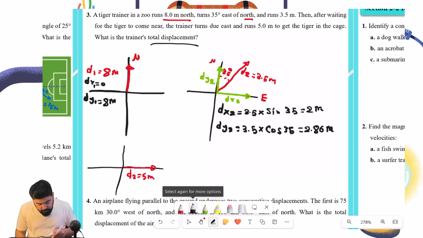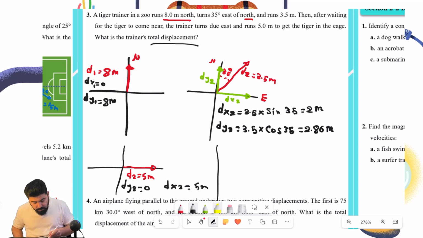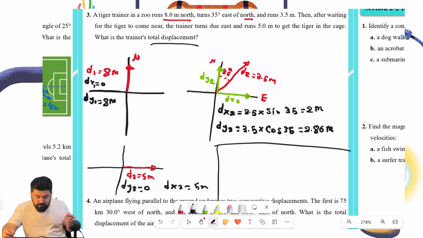For the third one, guys, here I don't have dy, so dy3 is equal to 0. dx3 is equal to 5 meters. Now very easily, we don't have to find the angle, guys. If you want to find it, it's okay, but we only need d.